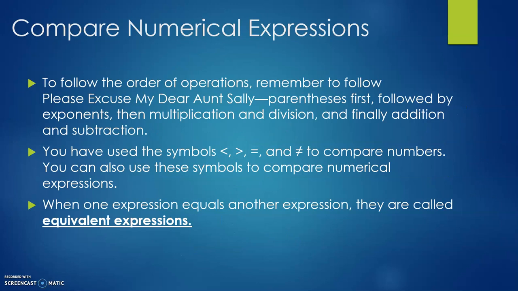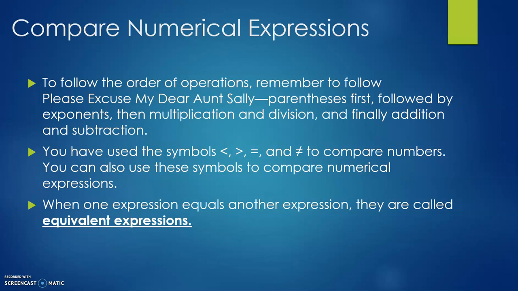So here is a little information about comparing numerical expressions. To follow the order of operations, we just talked about that. You want to do parentheses, exponents, multiplication and division, whatever comes first, and then finally addition and subtraction.